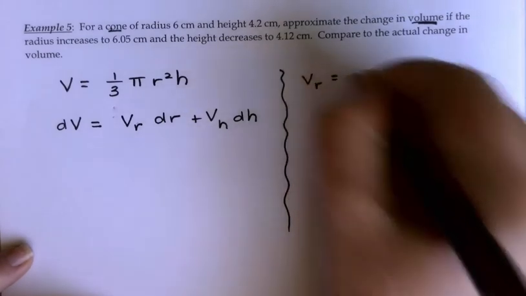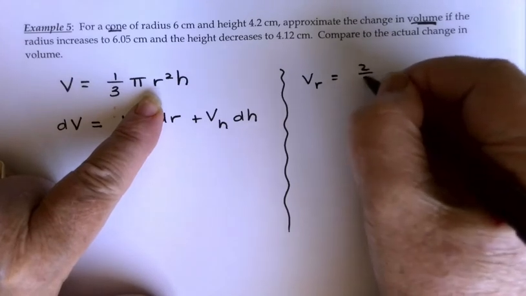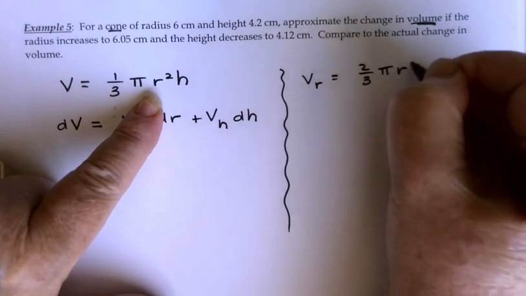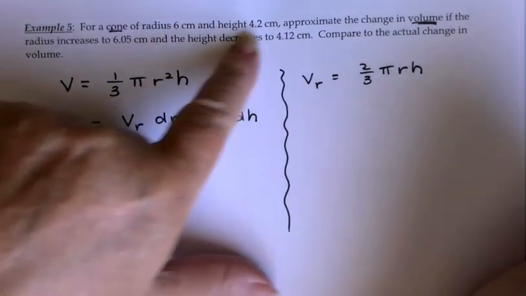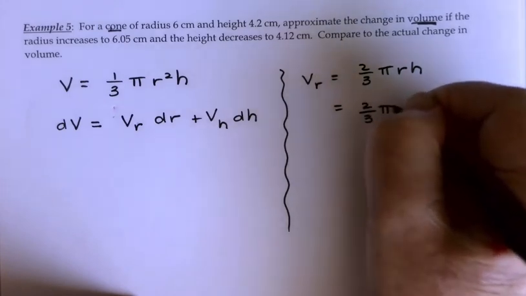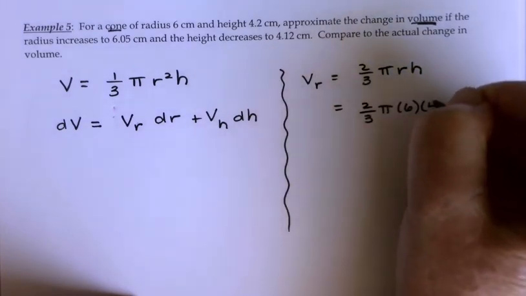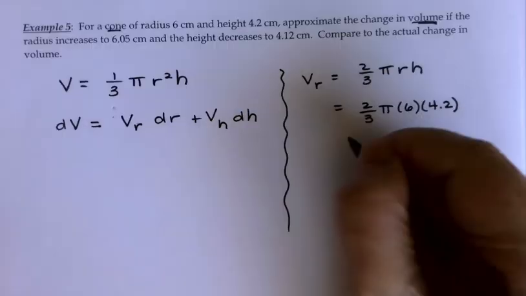V sub r would be 2/3 pi r h. And if I were to plug in my 6 and my 4.2, I'm going to keep quite a few decimal places here.